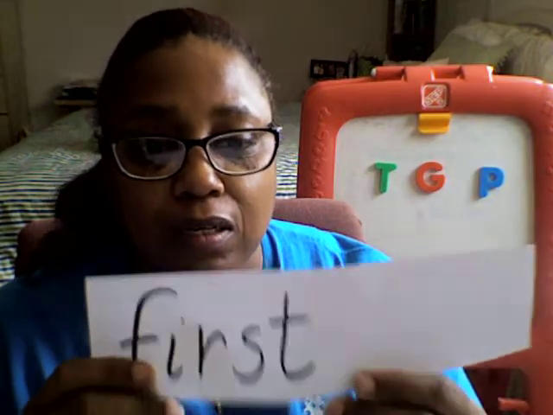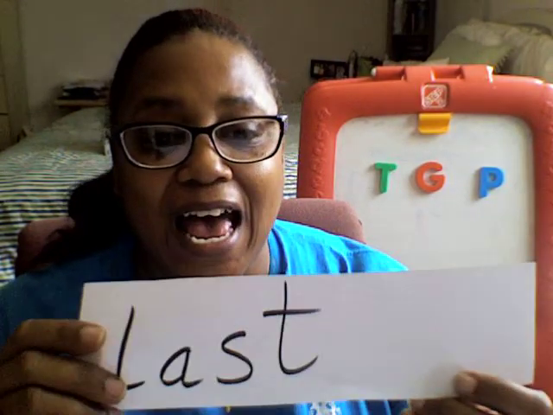Which happens first, what happens next, and what happens last, okay? When you're making a sandwich. And you're going to tell mommy and daddy or whoever's helping you with your work all about how those steps would go first, next, and last, okay? That's what you're going to do for me today.